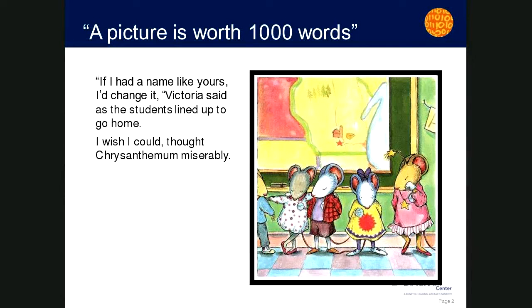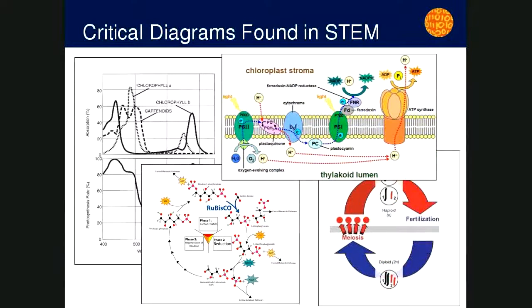But for a young child who is visually impaired or blind and not able to access the image, there's a lot of critical content that's missed. Similarly, there's a lot of content found in STEM, science, technology, engineering, and math, which is very critical to learning for a student.